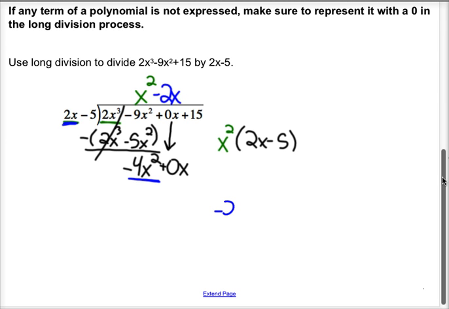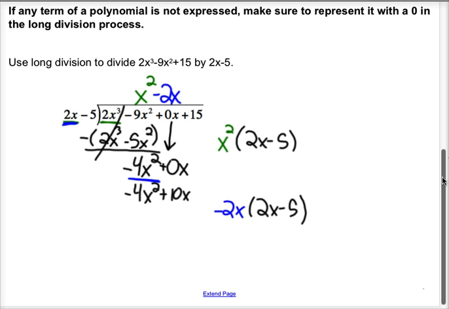So I'm going to take that negative 2x and multiply that 2x minus 5 by it. And that is going to give me a negative 4x squared plus 10x when I distribute that through.